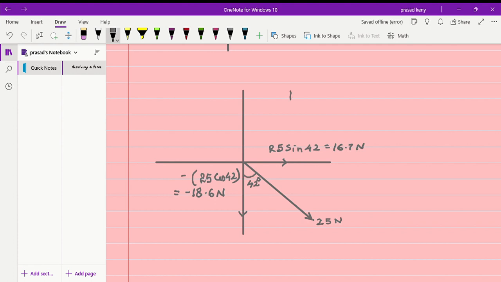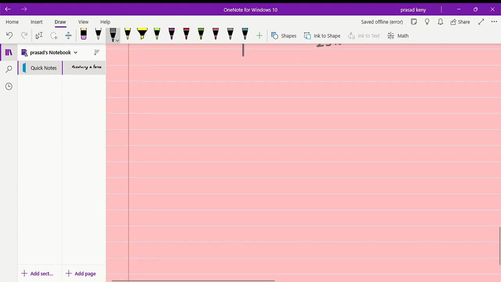So now in this case I will write the force as x component 16.7 I plus y component, that is negative 18.6 J Newton. So whatever is the x component with the proper sign into I plus y component with the proper sign into J, and that is how we'll express the force in Pi plus Qj form.